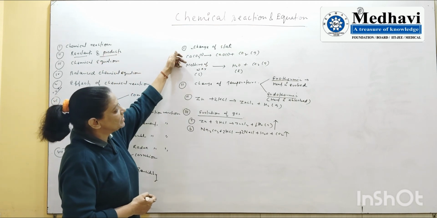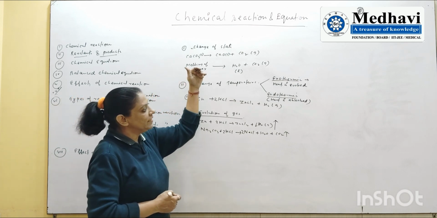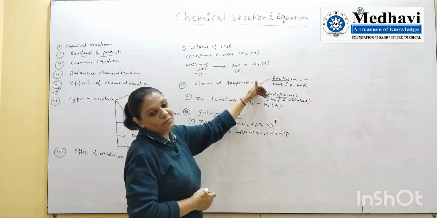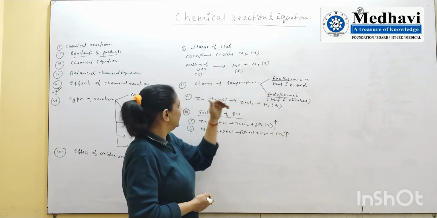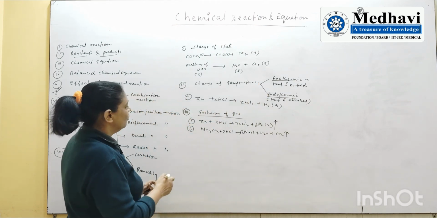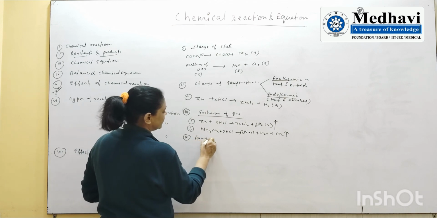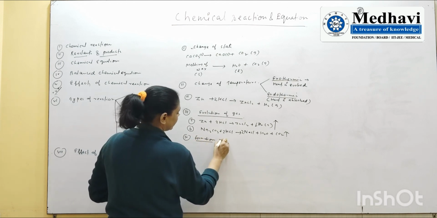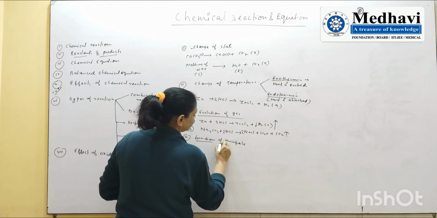So when a reaction occurs, first is the change of state. Second is the change of temperature, either in terms of exothermic or endothermic. I will explain these examples separately. Then evolution of gas. The fourth property is the formation of precipitate.